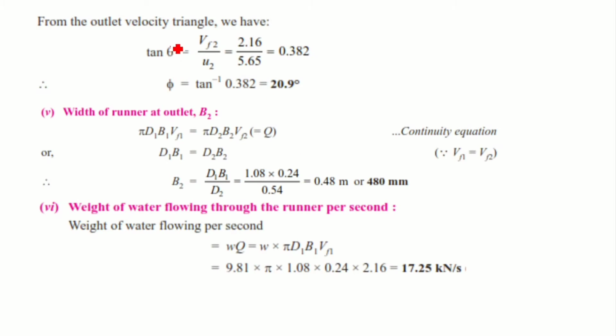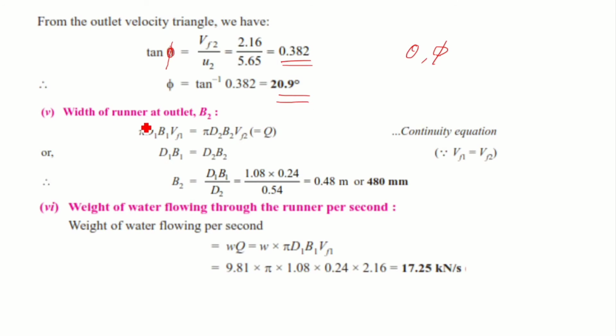Sorry, here the term is phi. There is a mistake here. So tan phi is equal to Vf2 divided by U2, which is 2.16 divided by 5.65, gives 0.382. So phi is equal to tan inverse 0.382, which gives 20.9 degree. So we obtained the values of theta and phi.